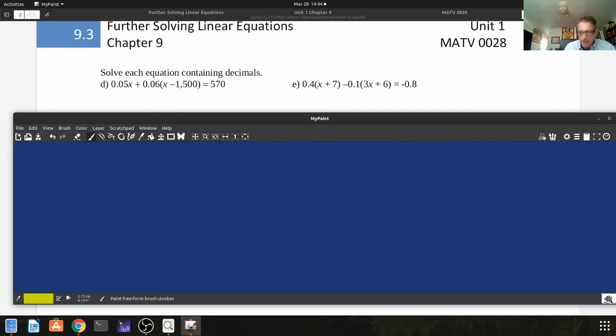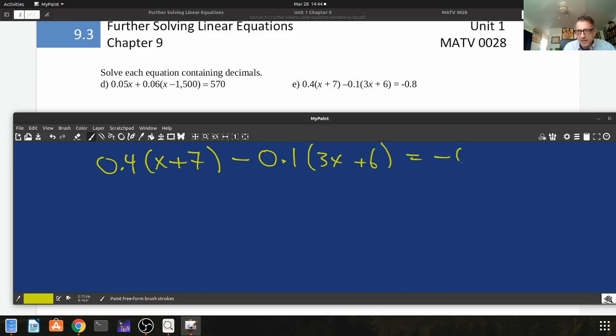Let's do number E, which is 0.4 times x plus 7 minus 0.1 times 3x plus 6 is equal to minus 0.8.